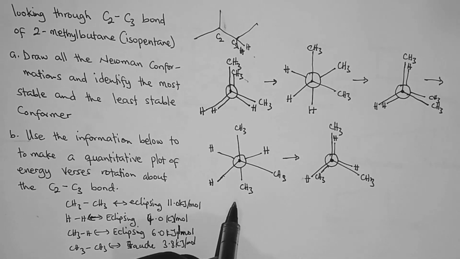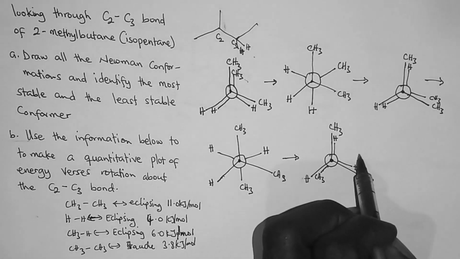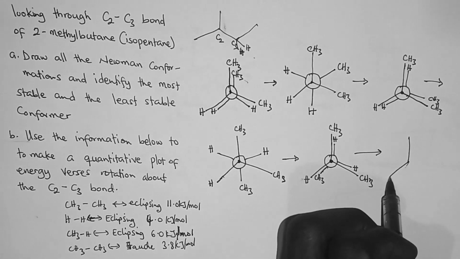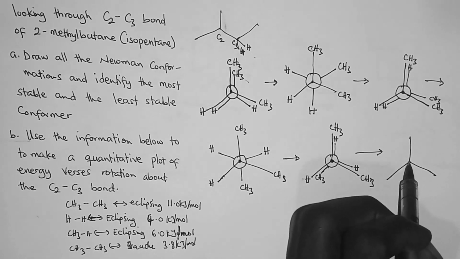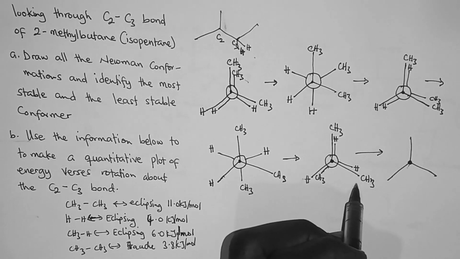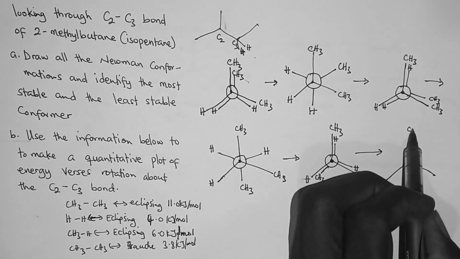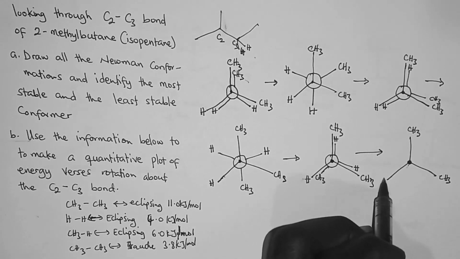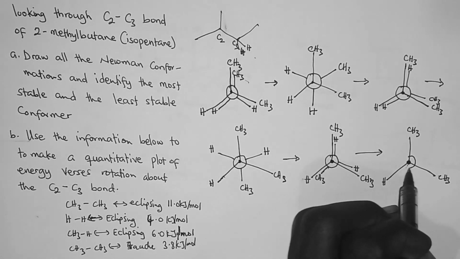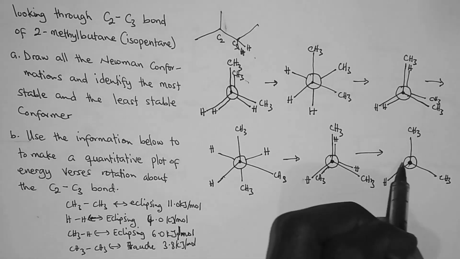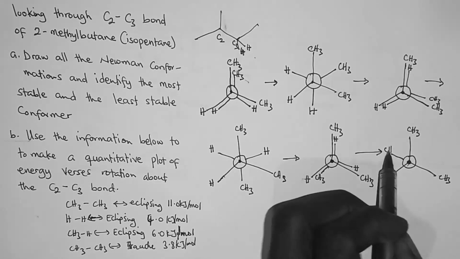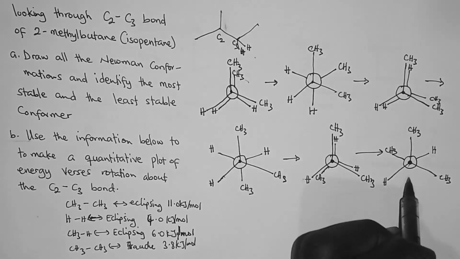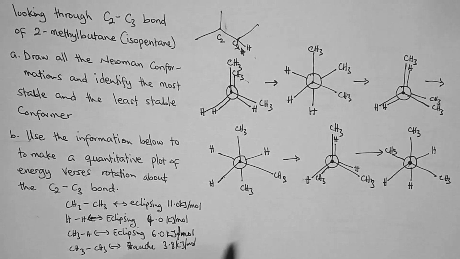Then we can do further rotation again. So we draw the Newman projection, the conformer. So this is the carbon in front, C2 carbon, this CH3, this also is CH3, and this is a proton. And this is the carbon at the back. So this is a CH3, and then this is a proton, and this is also a proton.